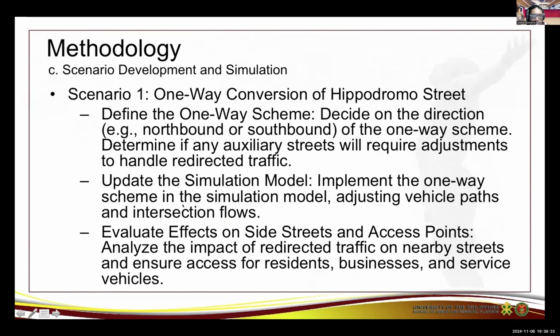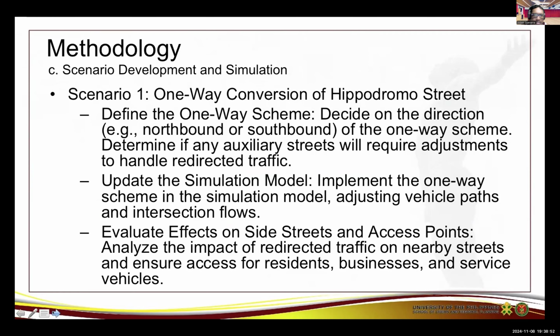Then for our letter C, next slide, sir. We have 2 scenarios, sir. The first, we will convert the Hippodrome Street into one-way. We will decide in our group if we will retain the northbound only or the southbound only, depending on the baseline, sir.